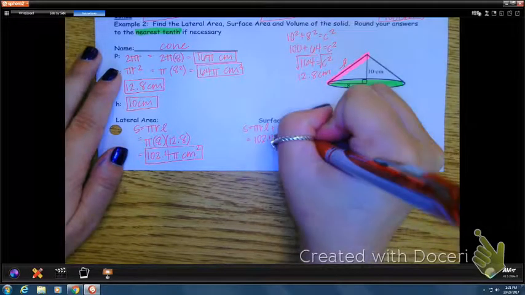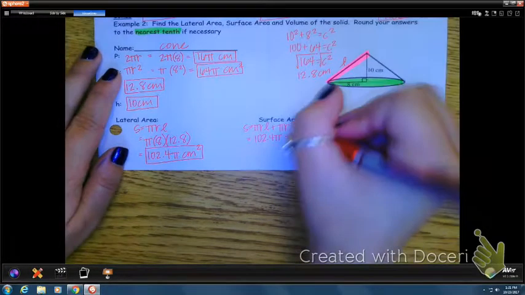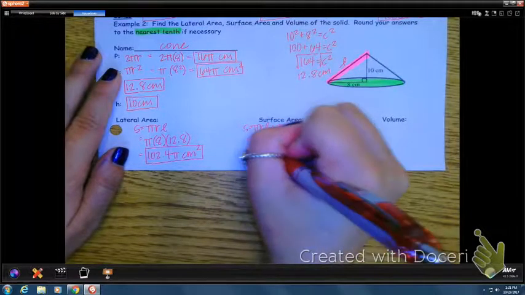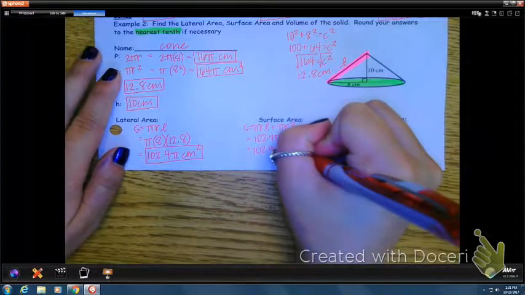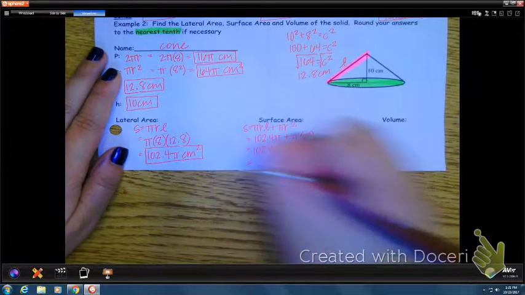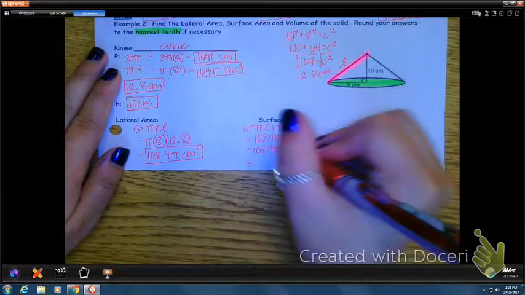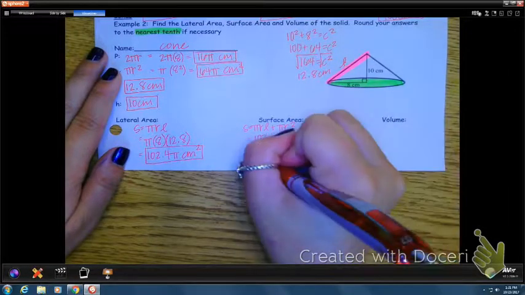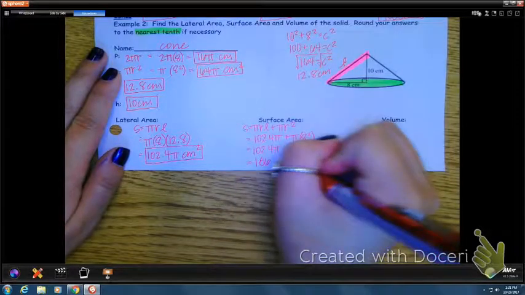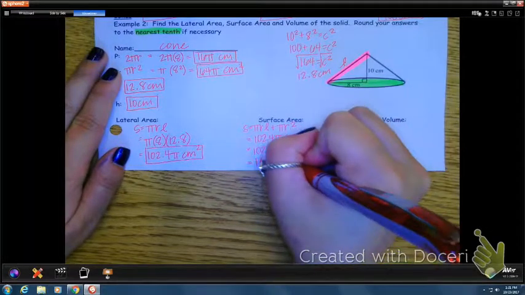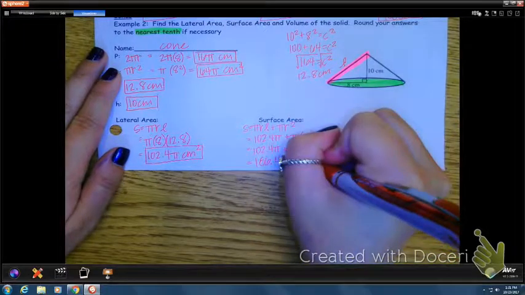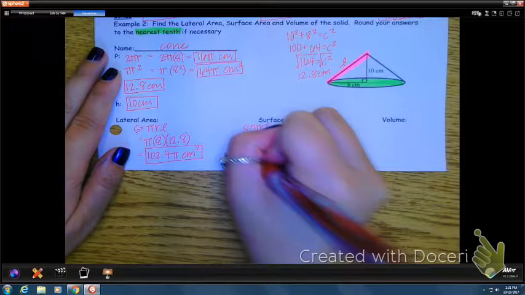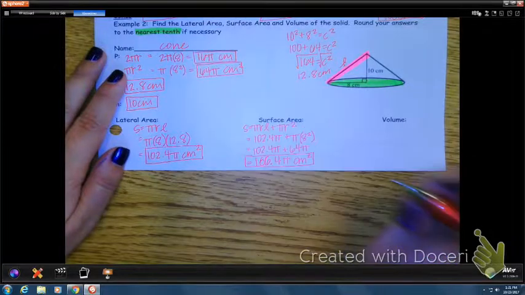So plus pi radius squared. 102.4 pi plus 64 pi equals 166.4 pi centimeters squared. Again, that's a 6.